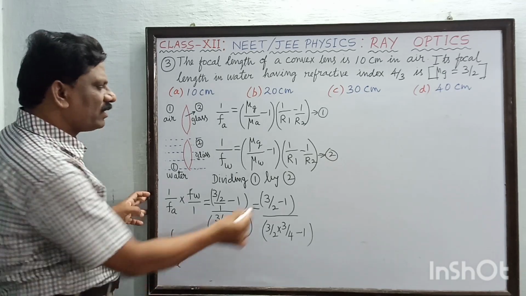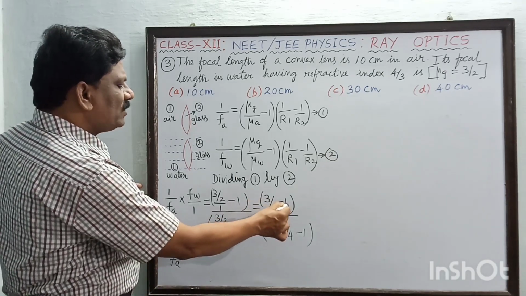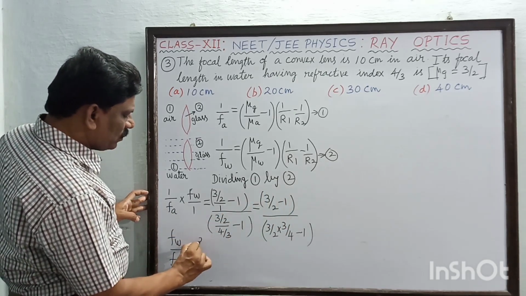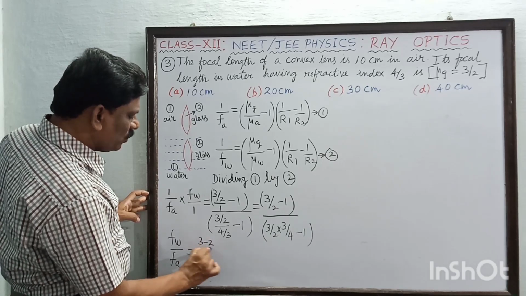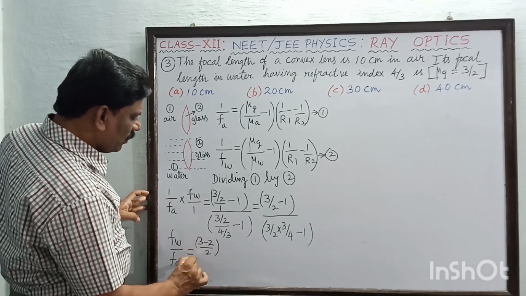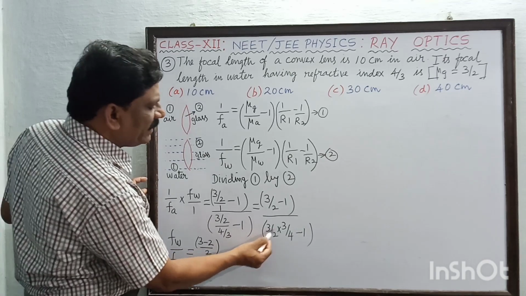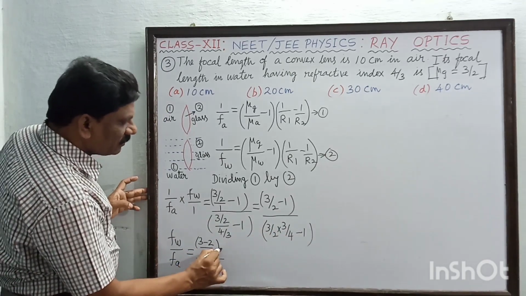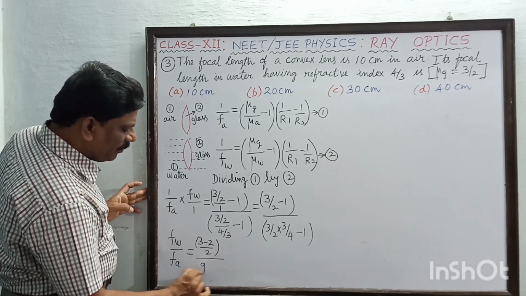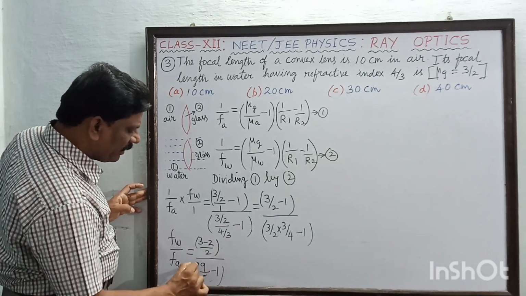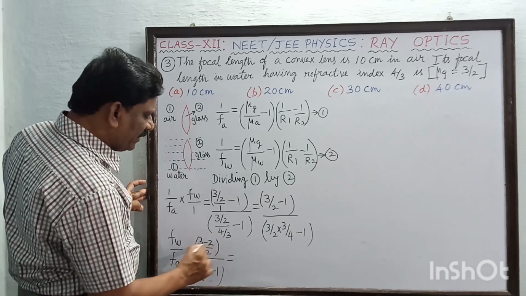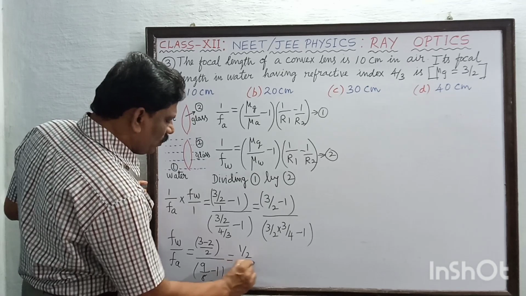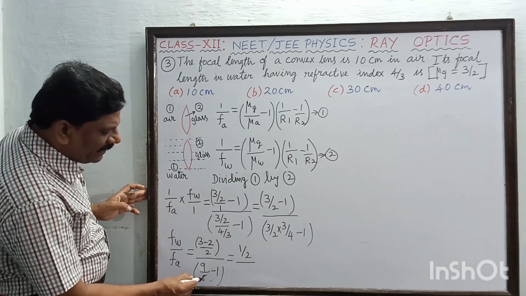So this is equal to (3 minus 2)/2, whole divided by 9/8 minus 1.